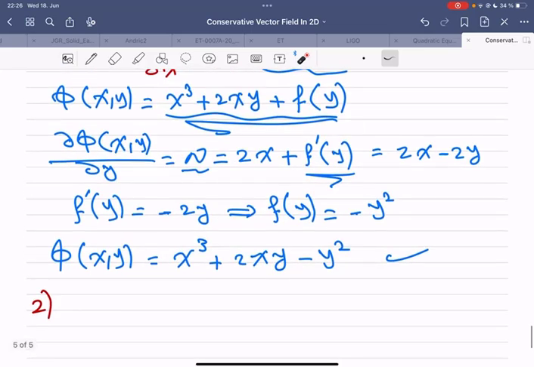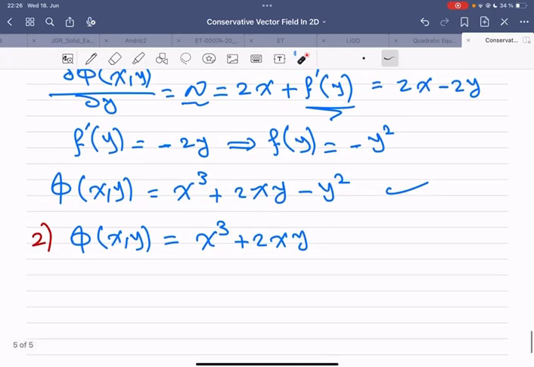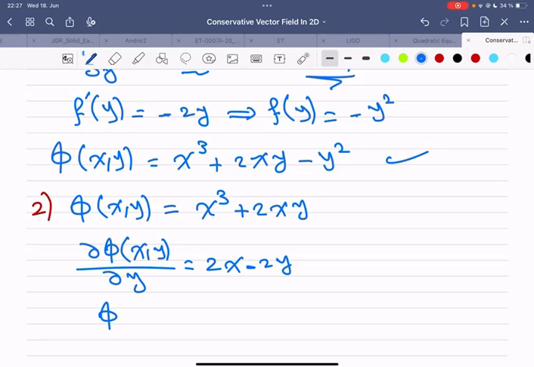So we will put here phi xy equals this plus 2xy, and then since d phi xy by dy is 2x minus 2y, if you integrate according to y, phi xy equals 2xy minus y squared.